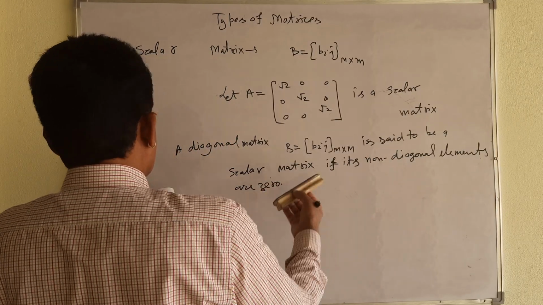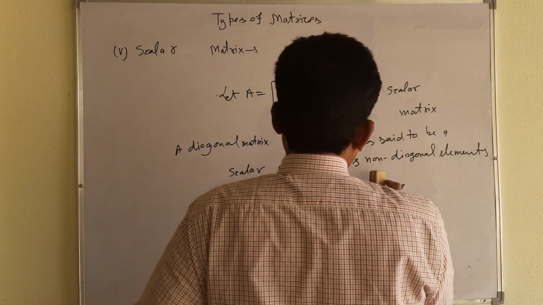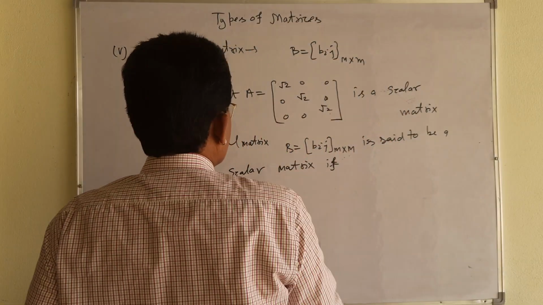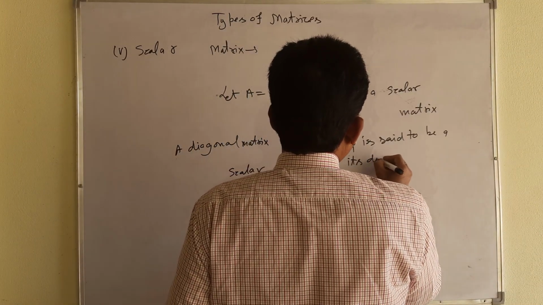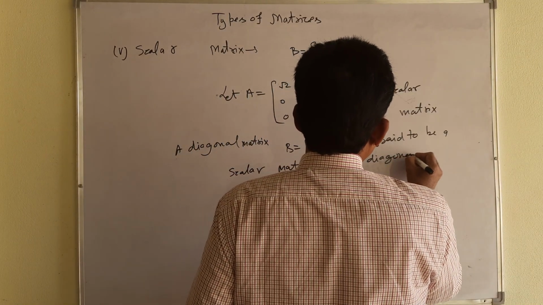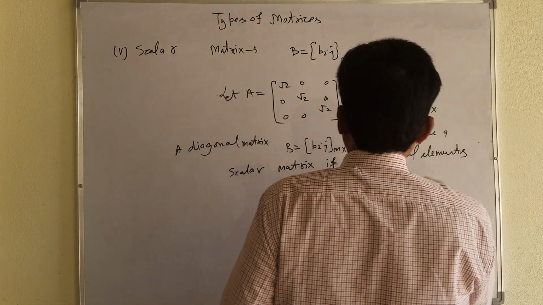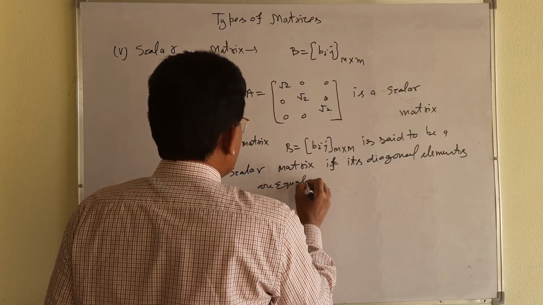Though there is no need to write that. It is a scalar matrix if its diagonal elements are equal. If its diagonal elements are equal only, as I told you in the definition.